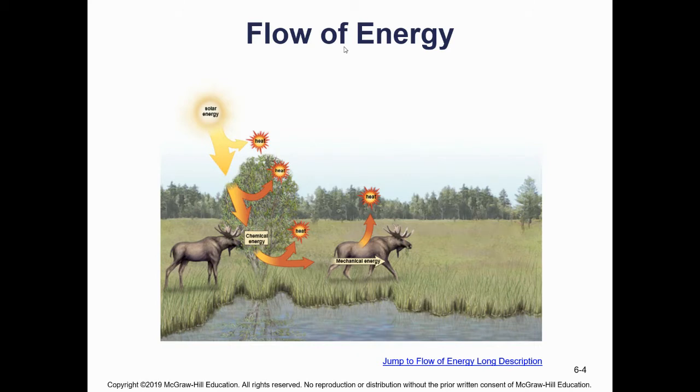So nutrients cycle through systems, but our energy flows through. All energy on the planet, in our enclosed system, comes from solar energy, from the sun.